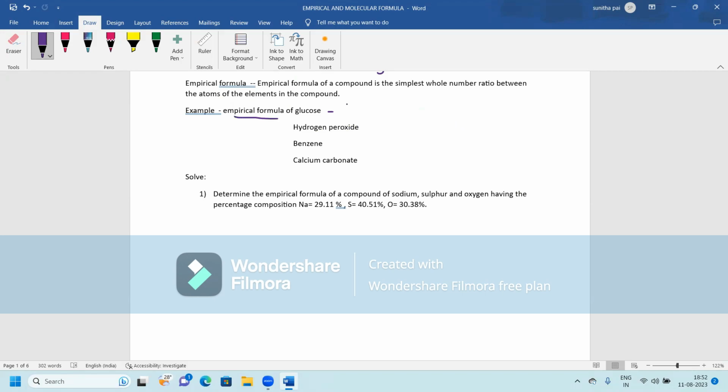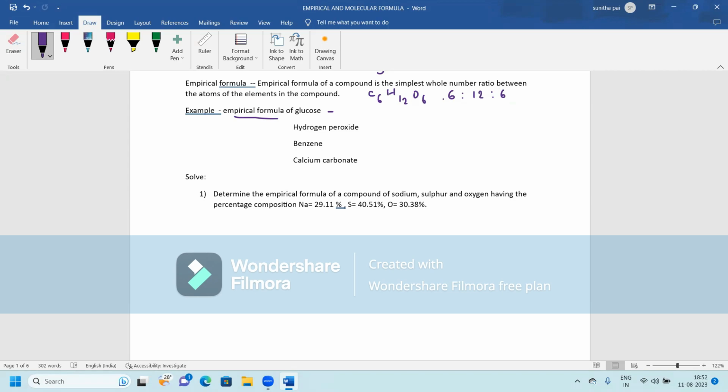Now, let me write the molecular formula of glucose here. C6H12O6. This is the molecular formula. What is the ratio between the atoms of carbon, hydrogen, and oxygen? 6:12:6. Now, when you look at the ratio 6:12:6, you can clearly make out that all these numbers are divisible by 6.